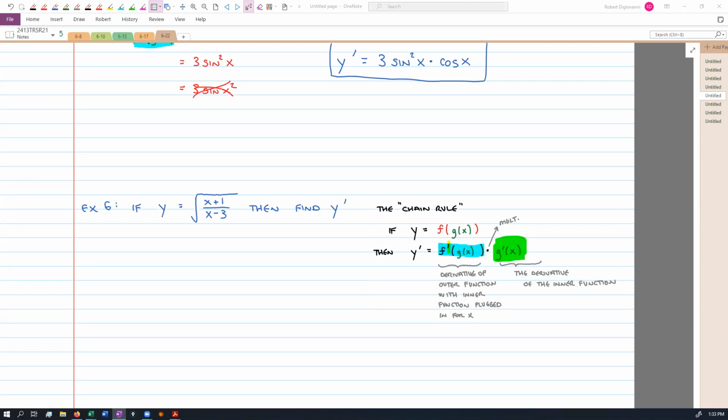I think I'm just going to give you a minute or two to see if you can identify the inner and the outer. Okay, and then we'll go from there. So I'll give you a minute.